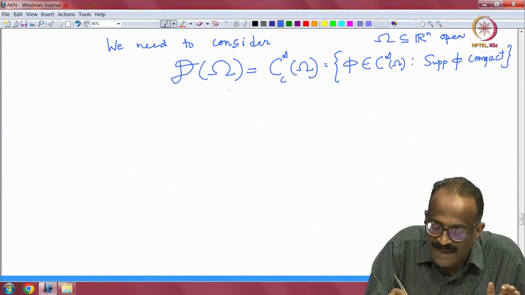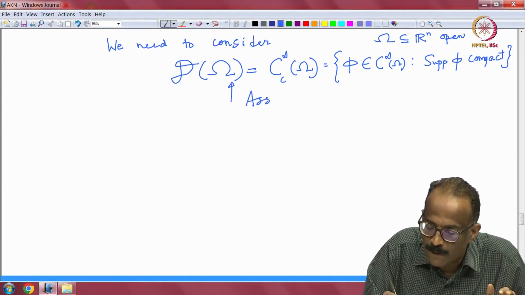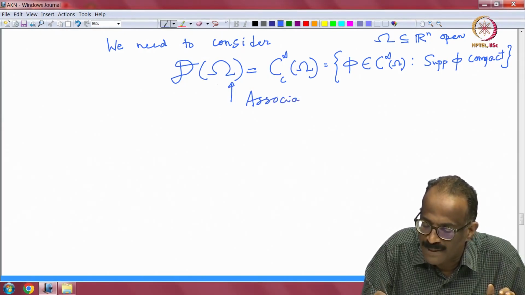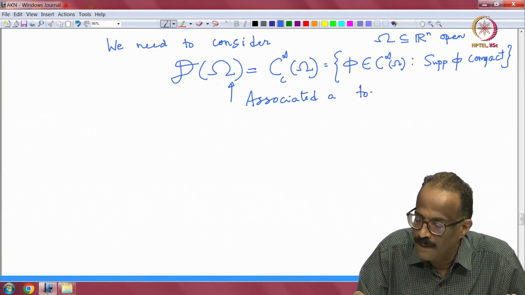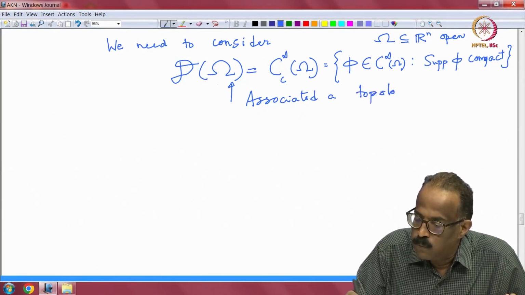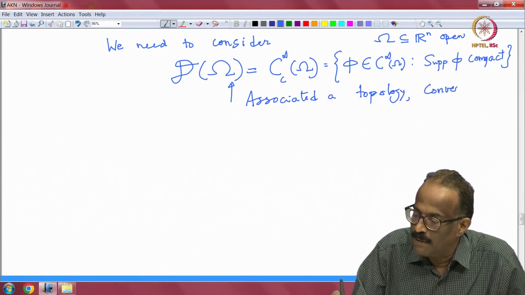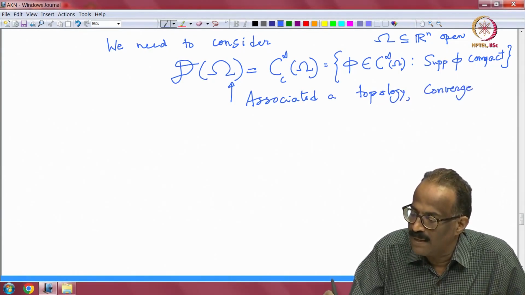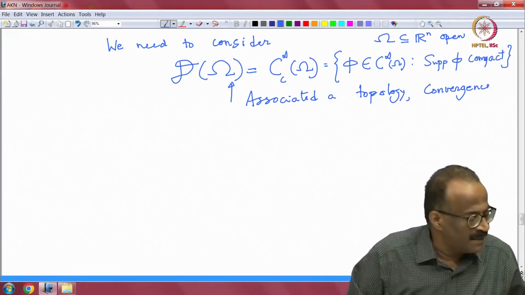Okay. So, what we have done in the preliminaries is associate a topology to D of omega, a topology that is called convergence. But most of our work in this course, we need to only understand the convergence.